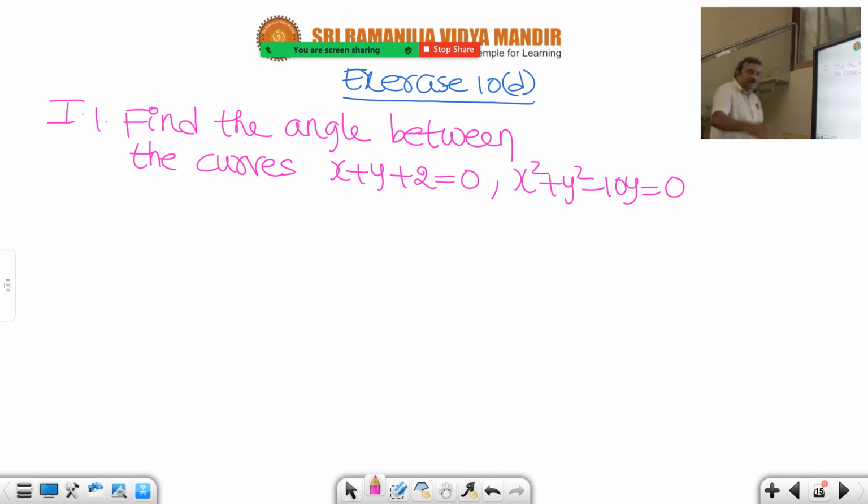Now, how to apply the sum for this? Ready? Find the angle between the curves. First, you have to calculate the point of intersection of the two curves. Ready?